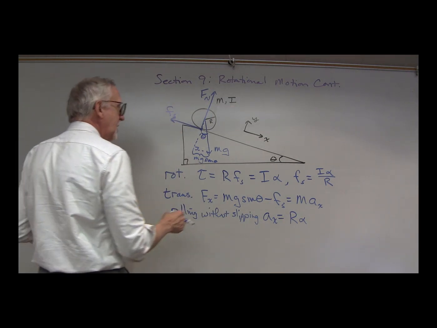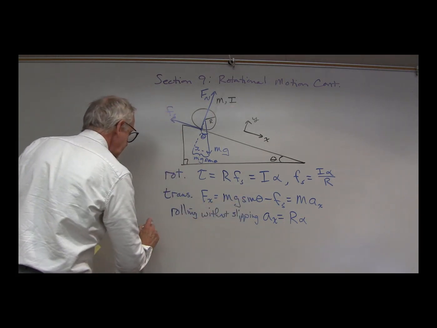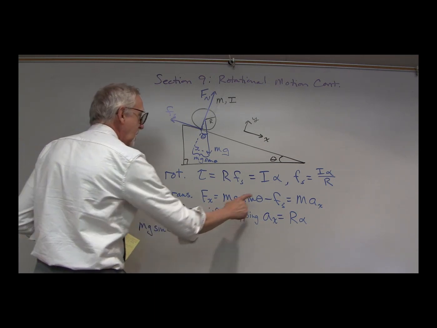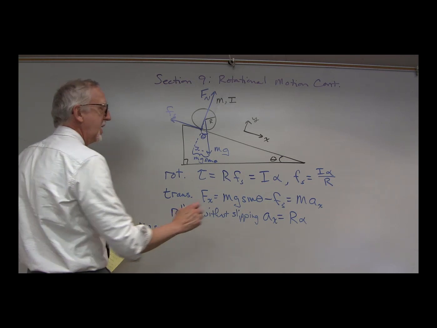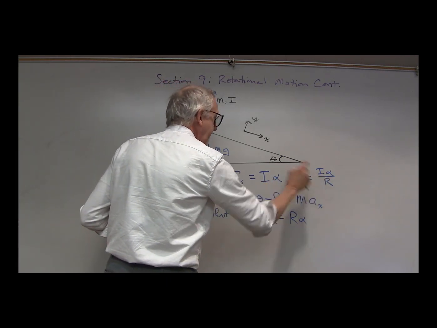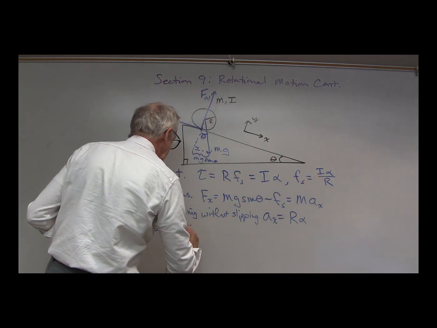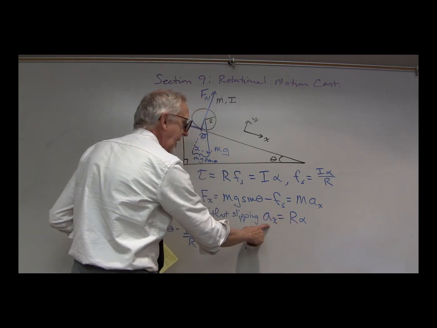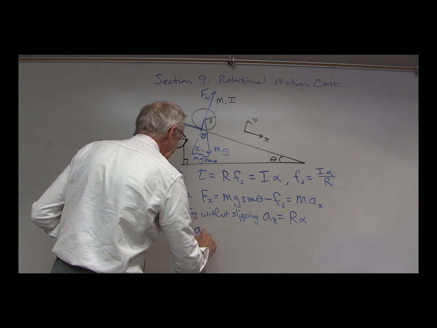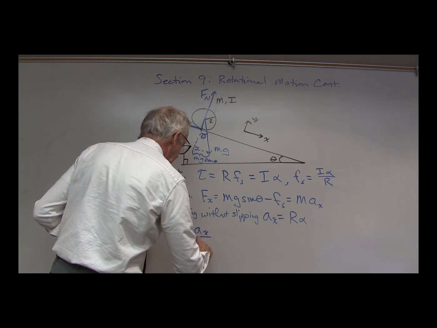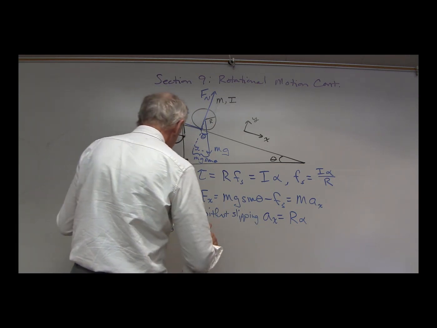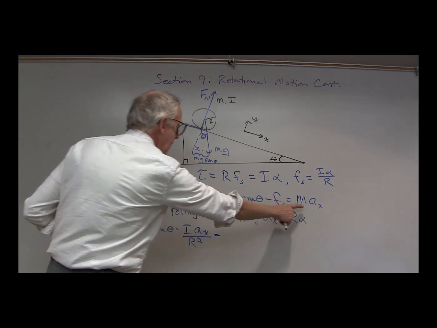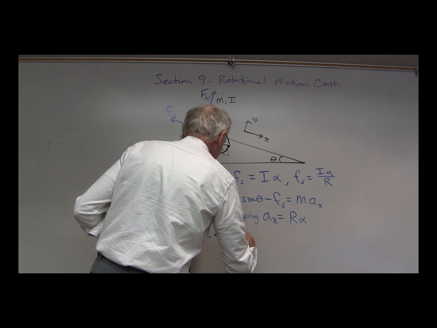Well, what do we get? Let's take this one here. We've got mg sine theta minus f_s. f_s is I alpha over R, so minus I alpha over R, and alpha is a over R. So we'll have I a_x over R squared. And that must equal m a_x.